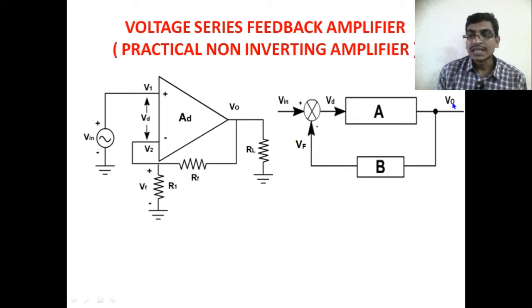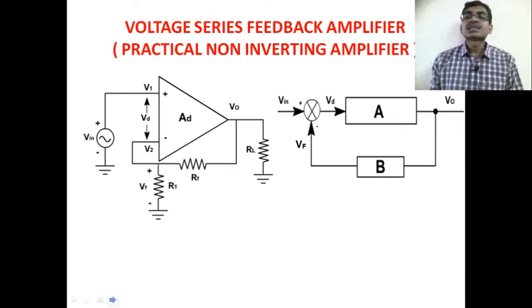Here the output voltage V0 is sampled by the feedback section, and this feedback section produces the feedback signal VF. At the mixer, the input signal VIN and VF get mixed, which produces the difference voltage VD. For the closed loop gain, the input voltage is VIN; for the open loop gain, VD is the input voltage.